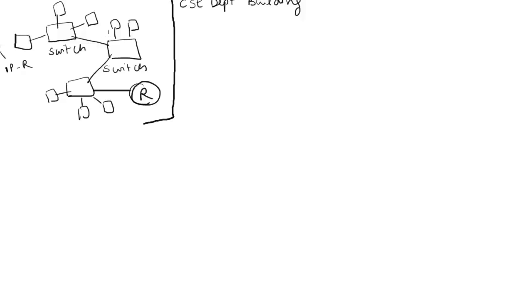I can represent it at the link layer by this figure, where this is your computer, these are your friend's computers, and this is the router. So at the link layer, it appears as if each of these hosts is the next hop.